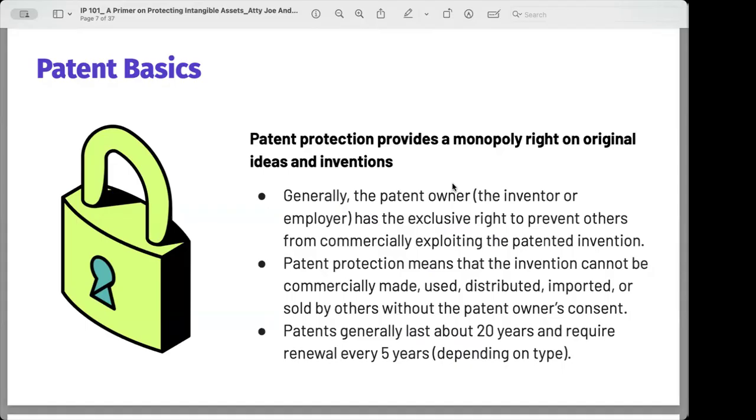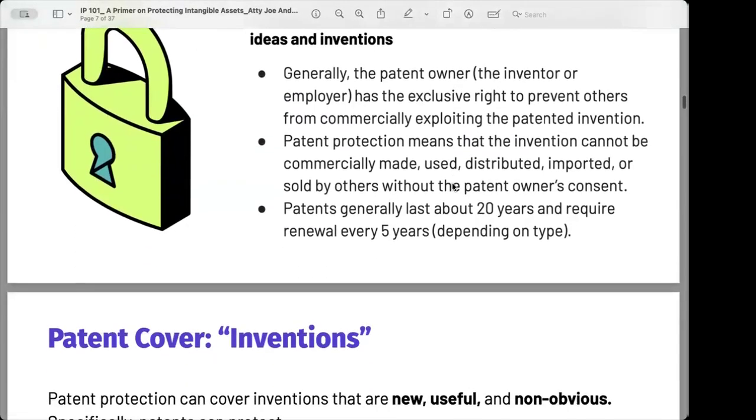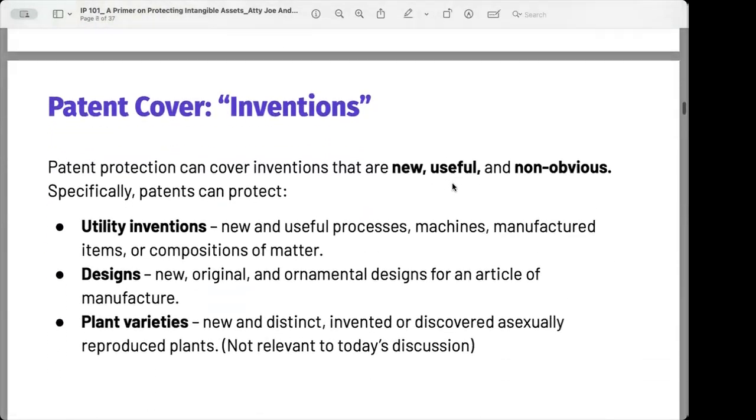So patents are ideas. The patent owner, the person who comes up with this original idea, gets to have a monopoly on it for about 20 years. There's a couple of different kinds of patents. There's three really, but there's two that we'll mostly discuss.